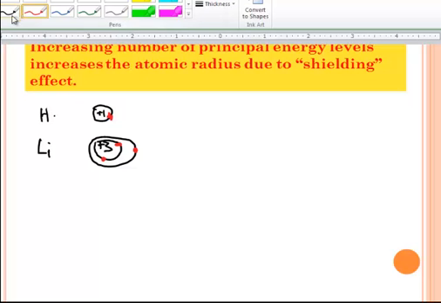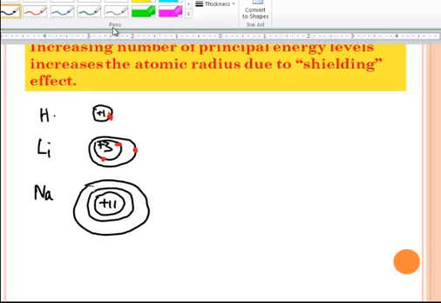Let's continue going, and let's take a look at sodium now. Sodium will be +11. And now you can see 8 of them in the second one. 1, 2, 3, 4, 5, 6, 7, and that's 8.